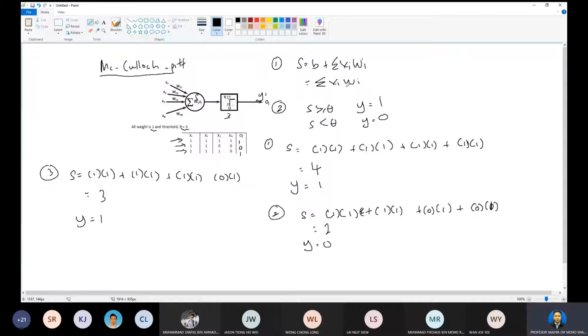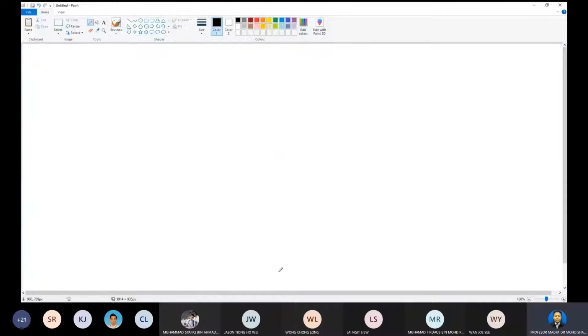First you have to calculate the net input S, then compare with the threshold. If greater than or equal to the threshold, Y equals 1. If less than the threshold, Y equals 0. So this is for McCulloch-Pitts. We can go for the next.